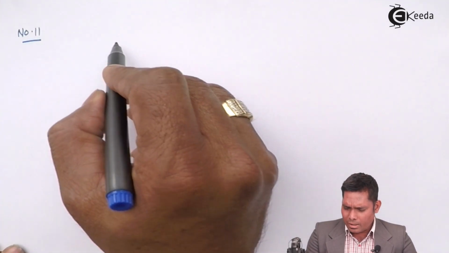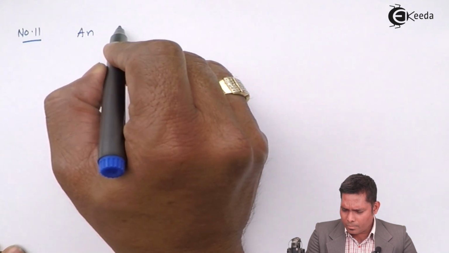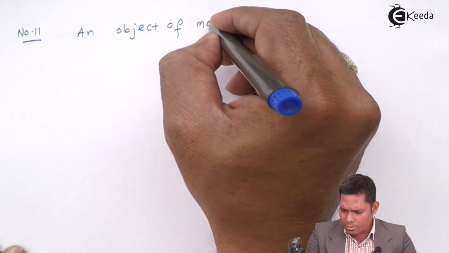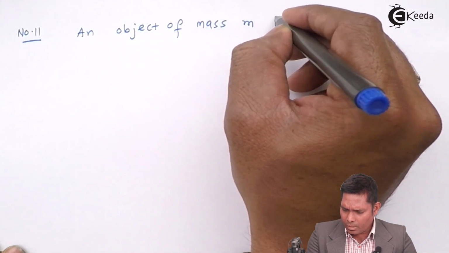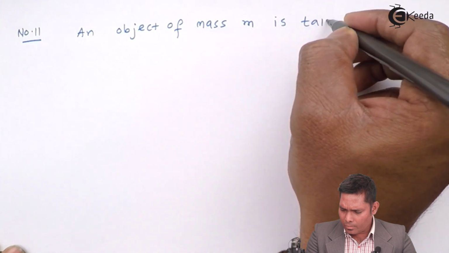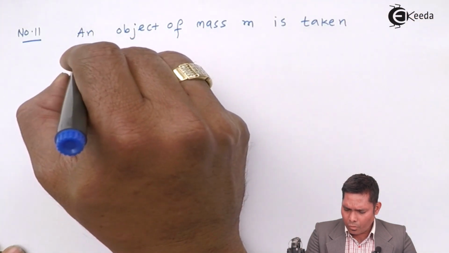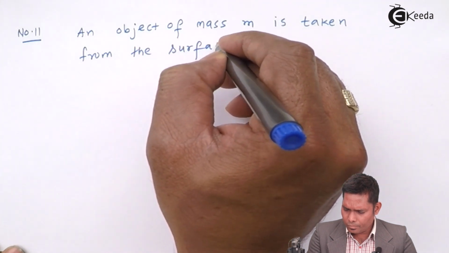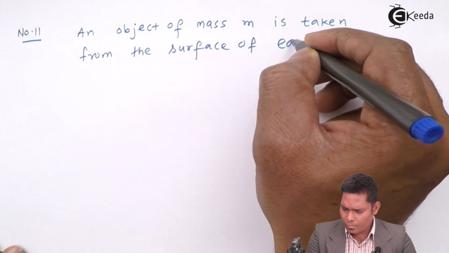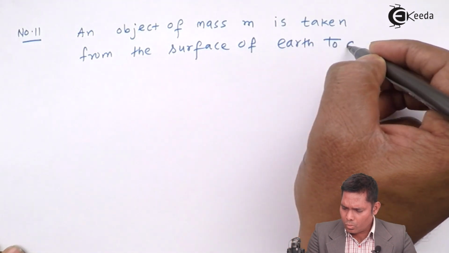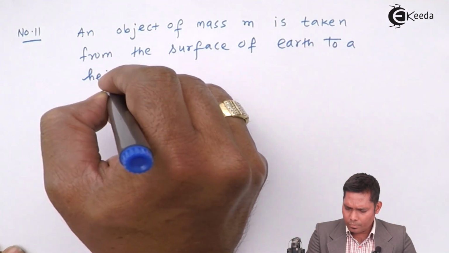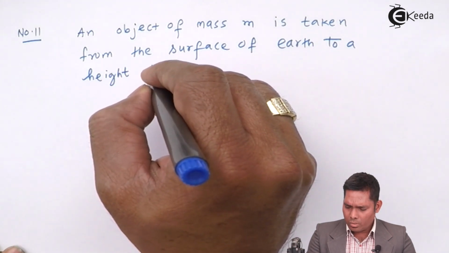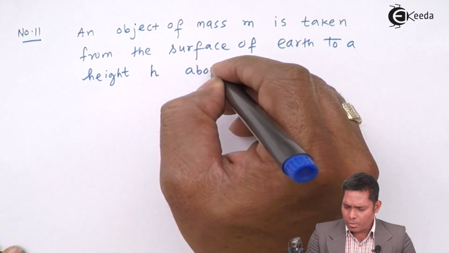The question is that an object of mass m is taken from the surface of Earth to a height h above the surface of the Earth.